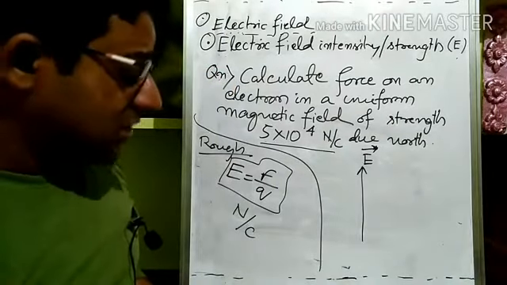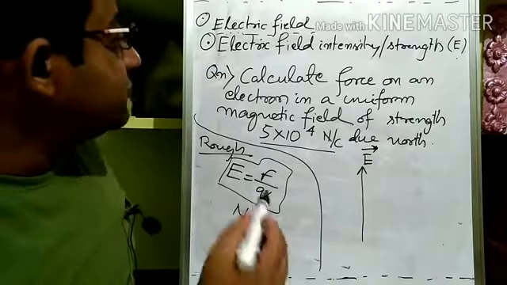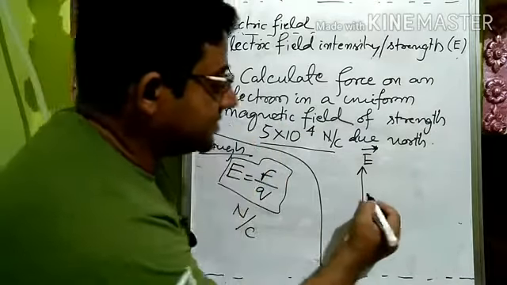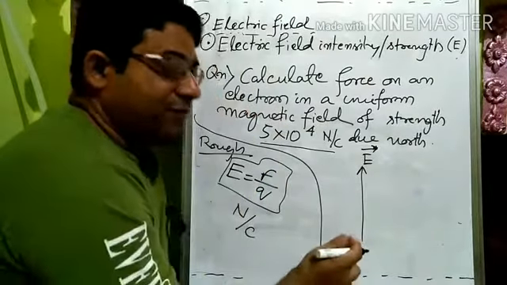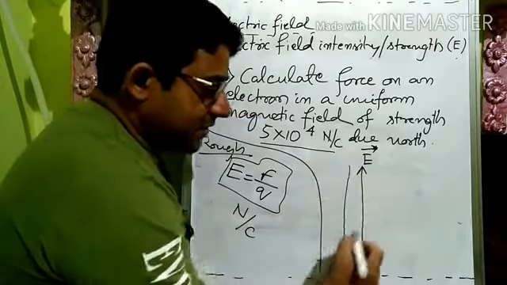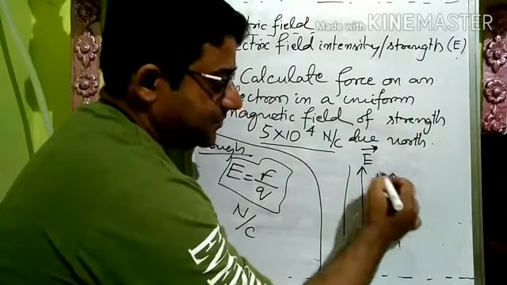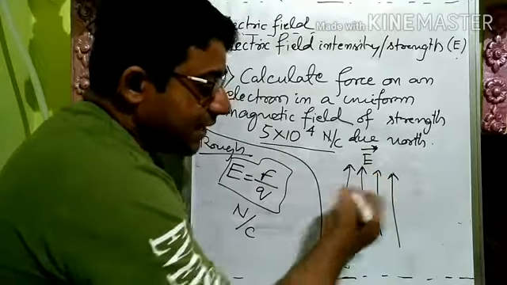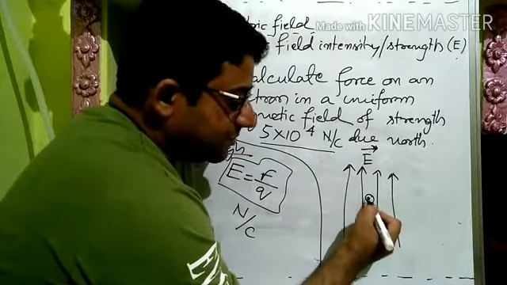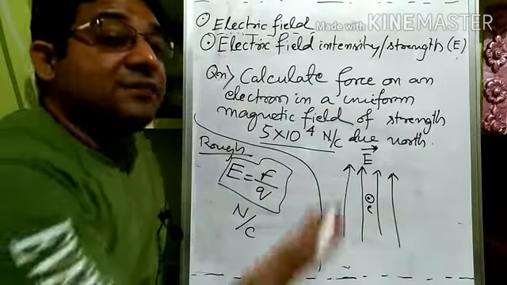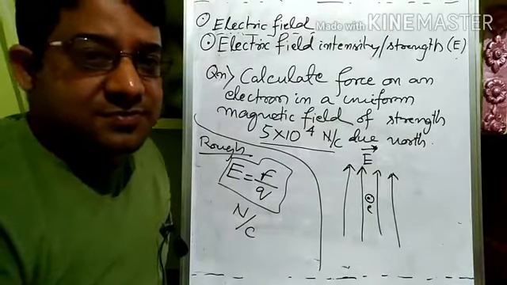Now what is the question? Calculate the force experienced by an electron placed in that field. Actually for the field I am showing one line only, but there are several lines, right? This is the electric field, and in that field if an electron is placed, what force it will experience is the question. Is it clear?